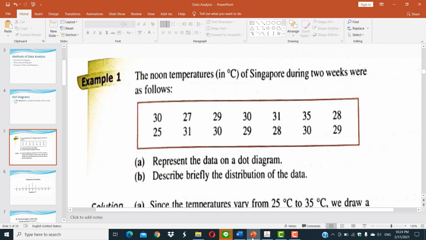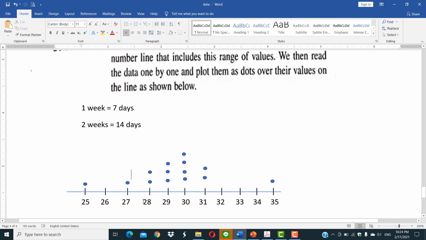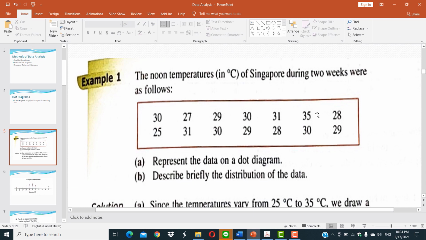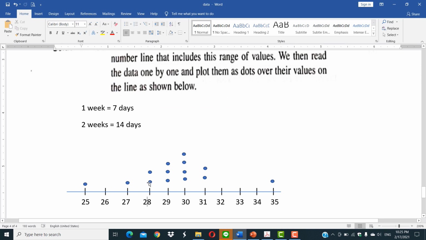Then number 28. In the data, two numbers of 28, 1, 2, that's why two dots.